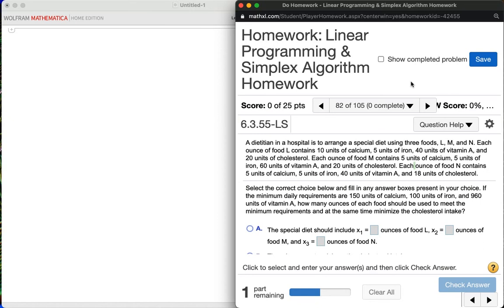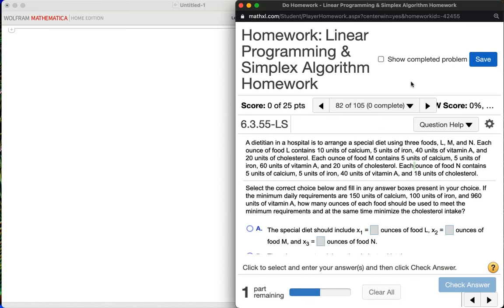So this particular problem, obviously it's a word problem or an application problem. I prefer to call it an application problem because there are words in every problem. So this problem is going to use duality.